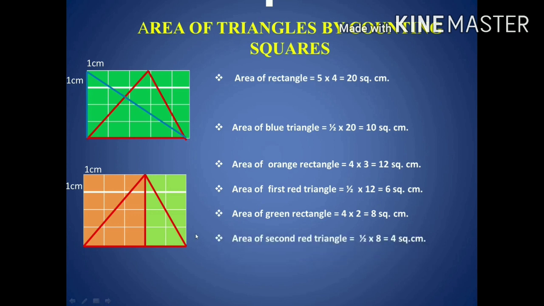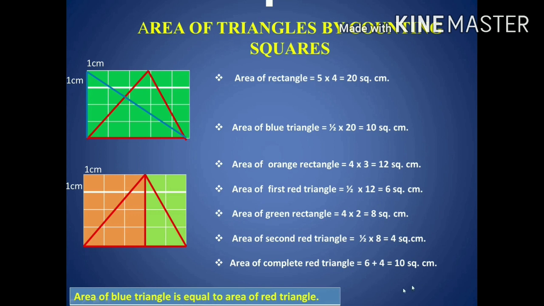Area of second triangle equal to half multiplied by 8, that is equal to 4 square centimeter. So area of complete red triangle equal to 6 plus 4 equal to 10 square centimeter. Hence, we can say area of blue triangle is equal to area of red triangle.